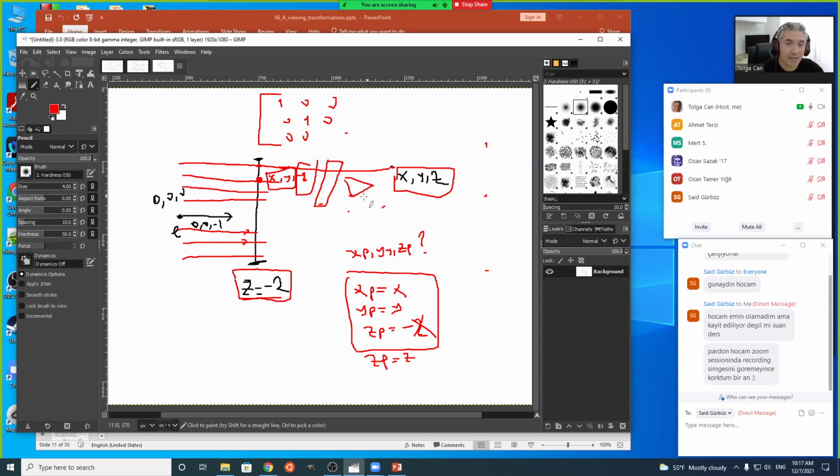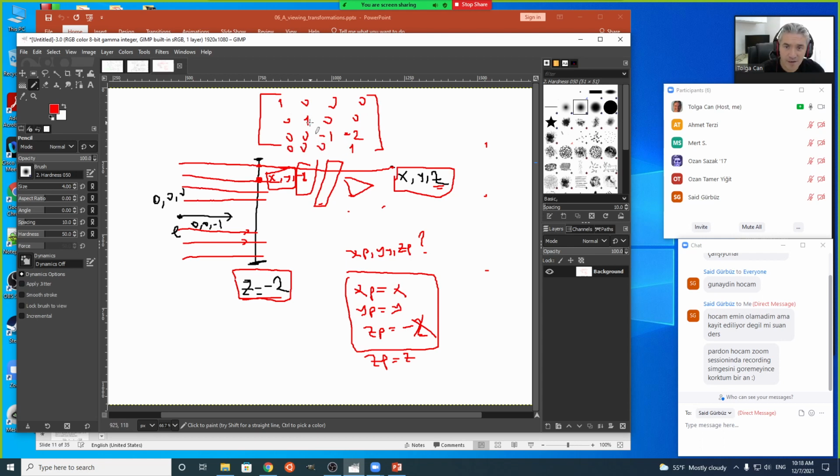If you want to show this z value to indicate its distance from the image window, what you can do is, the distance from the image window is going to be something like this. We are going to add -2 to that, right? So look at this orthographic projection matrix. The last row is 0, 0, 1 here.